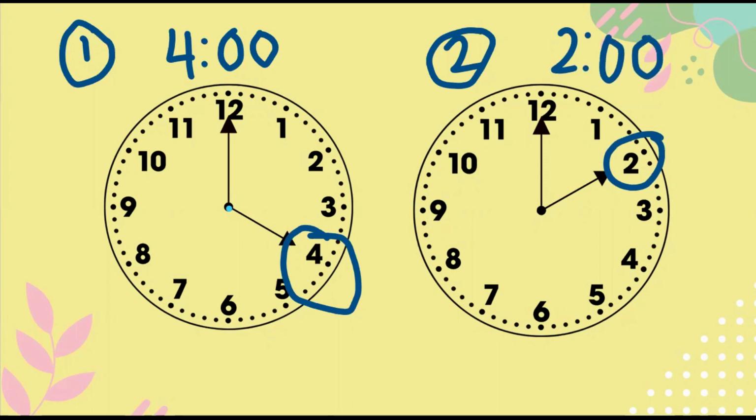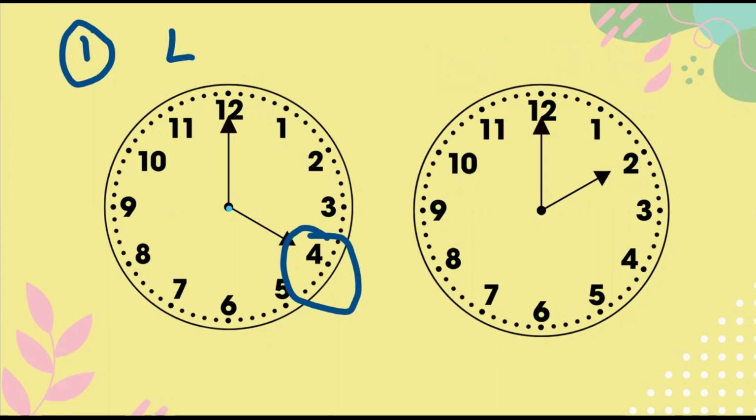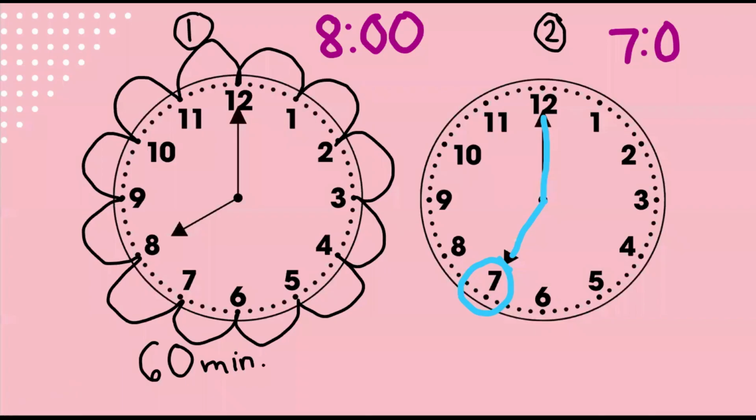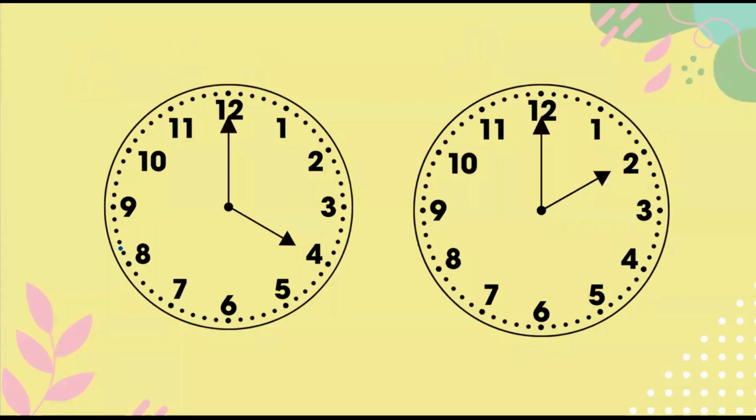So now looking at both of these clocks, we know that they are analog clocks. We know how to tell time by reading the hour where it's pointed to. So when our clock travels all the way around, remember it goes this way. Looking at clock number 1, if it's 4 o'clock now, what time will it be an hour from 4 o'clock?